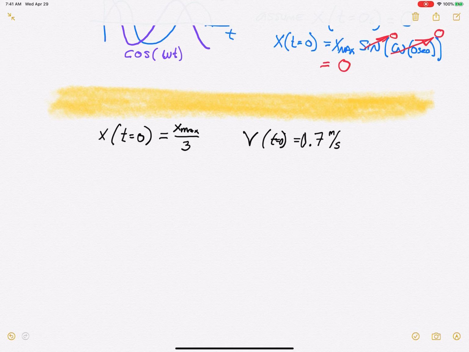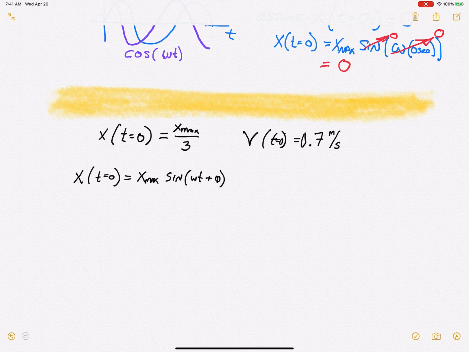We start with our x solution for any value of time, which is x max sine of omega t plus phi.